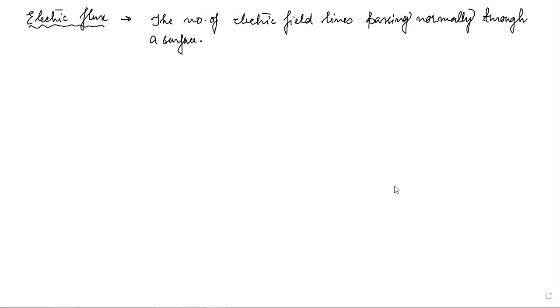We consider a surface. Suppose we consider a surface like this, and electric field lines are passing through the surface like this. This is how electric field lines are passing through the surface.